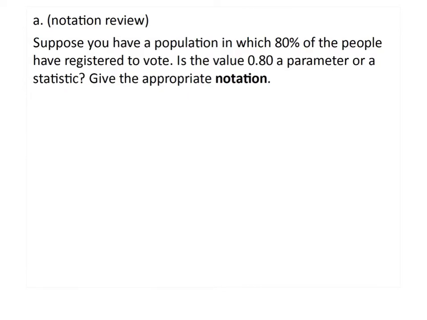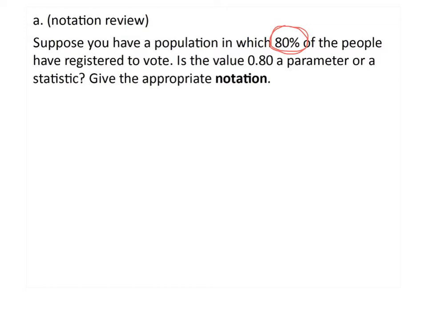It says, suppose you have a population in which 80% of the people have registered to vote. Is the value 0.80 a parameter or a statistic? Give the appropriate notation. So the problem gives me 80%. Is that 80% of the sample or 80% of the population?